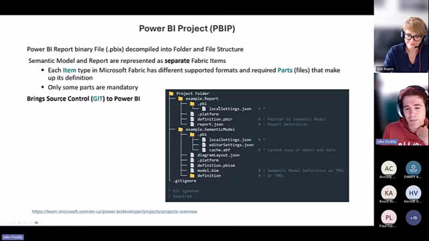Each of these is actually defined as a Fabric item. So if you're talking about Git and Fabric, these are only a subset of the things you can do. There's also the ability to version control notebooks and other items as well.